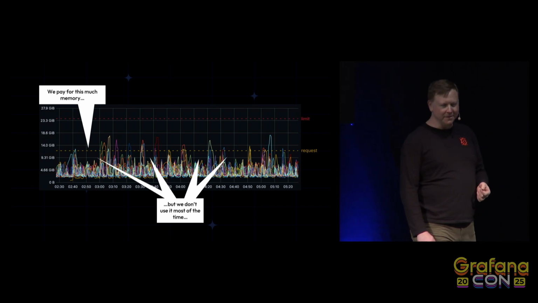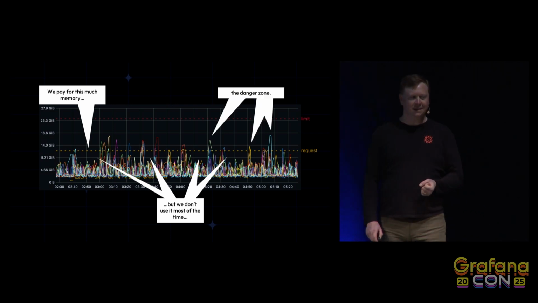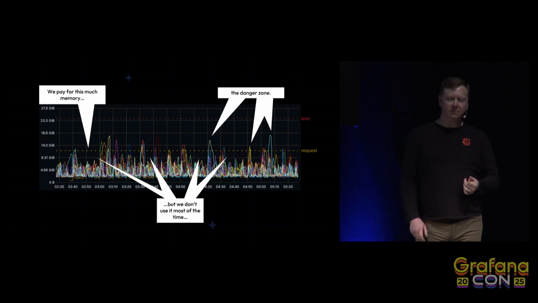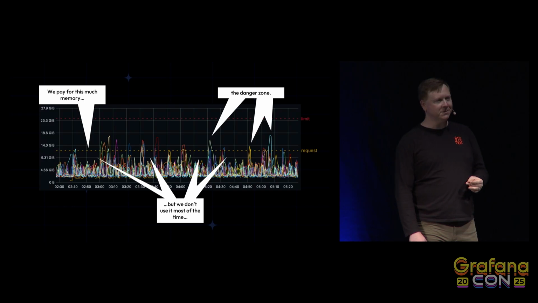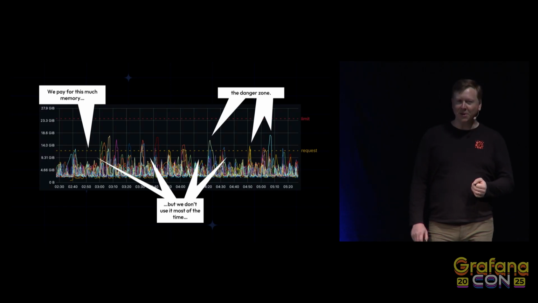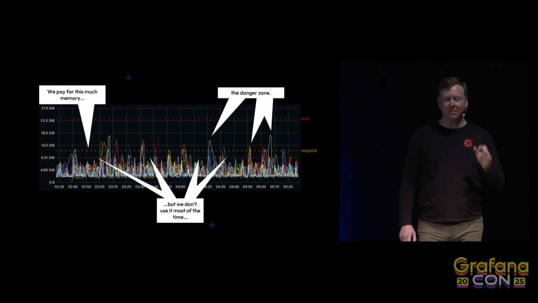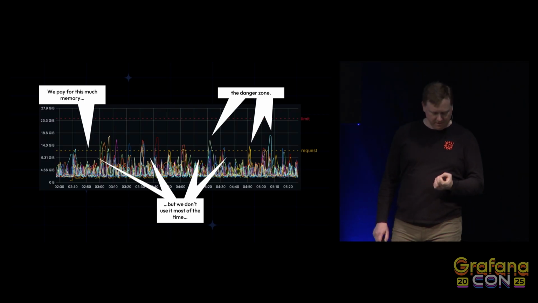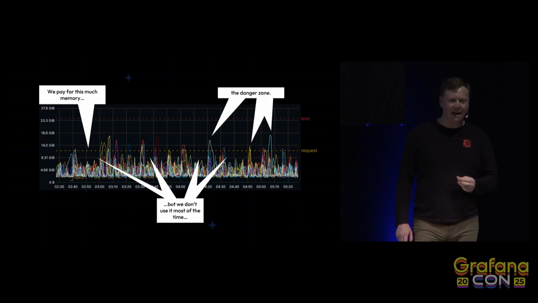And the other thing that's a bit sketchy about this is if we go over the yellow line, we can be killed by Kubernetes. We will issue errors to our customers. We'll get paged. We try to stay out of the danger zone. So we have a couple knobs for staying out of this danger zone.